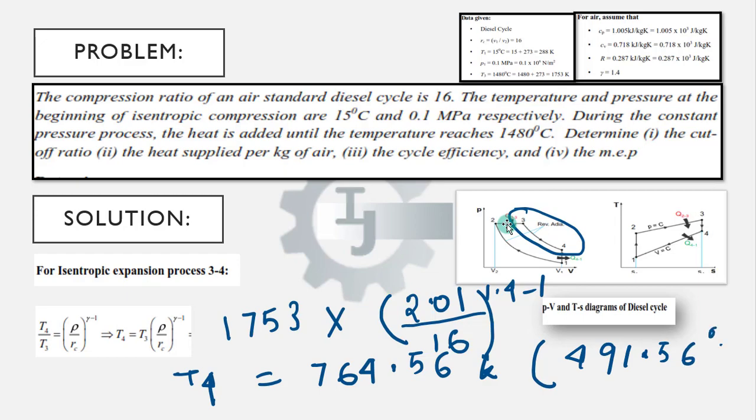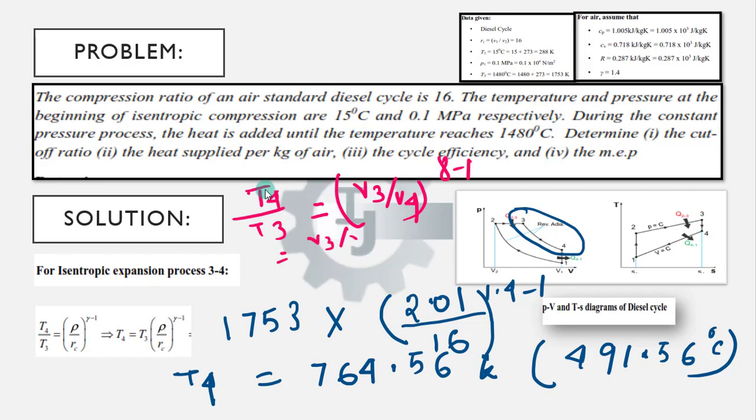that is 491.56 degree Celsius. You can ask me from where we get the value of T4 by T3 equals rho by Rc whole to the power gamma minus 1, because we know T4 by T3 equals V3 by V4 whole to the power gamma minus 1. We can divide both by V2, so V3 by V2 and V4 by V2 whole to the power gamma minus 1.